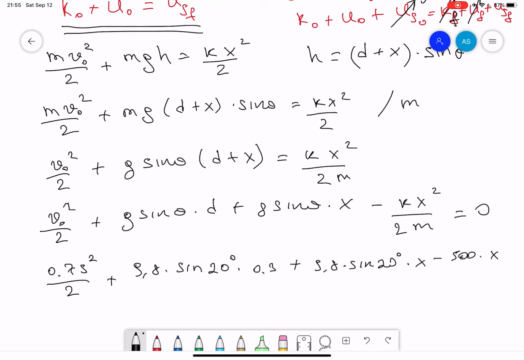Now x is unknown, so we keep it there. Then divided by 2, and the mass is given, which is 2.5.